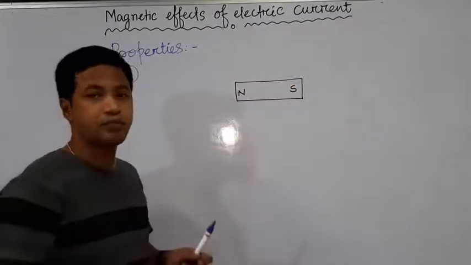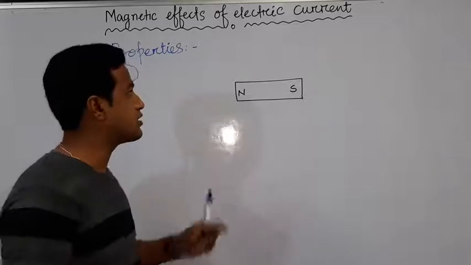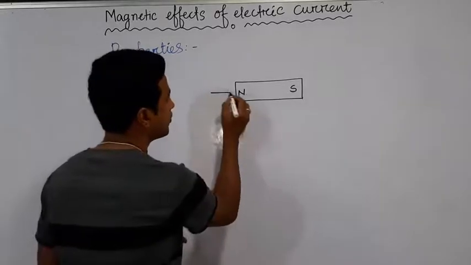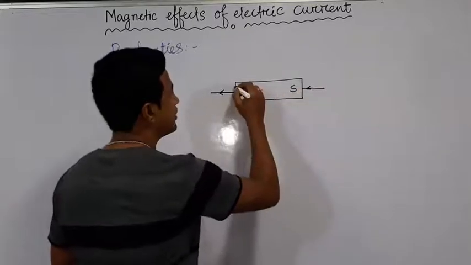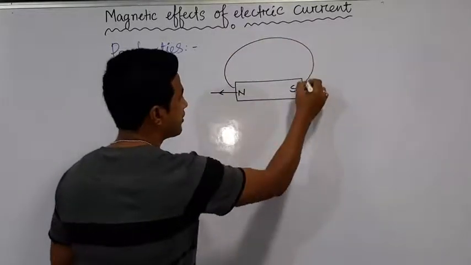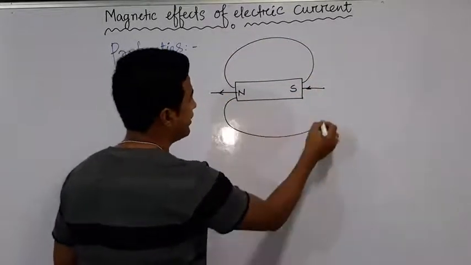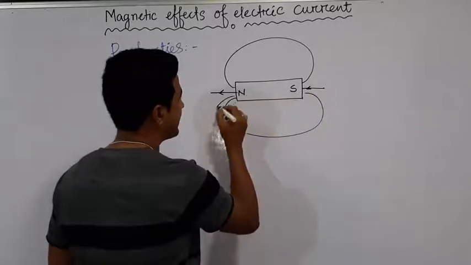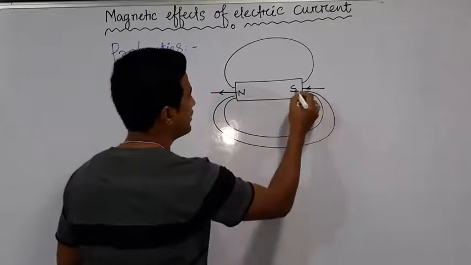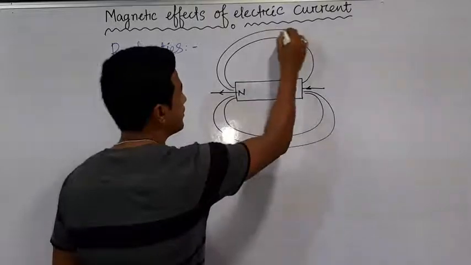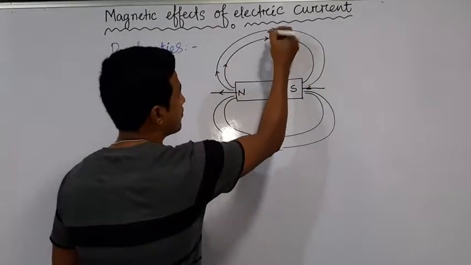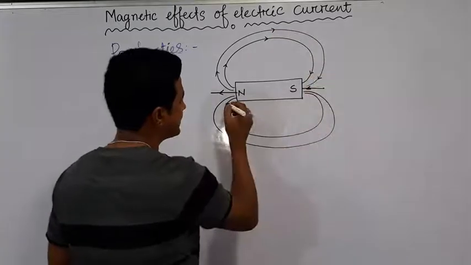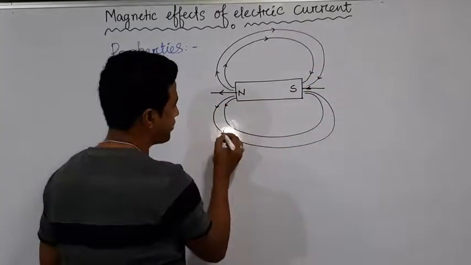The magnetic lines always start from the North Pole and end in the South Pole. Like this, it creates a magnetic field around a bar magnet. This is our first property.